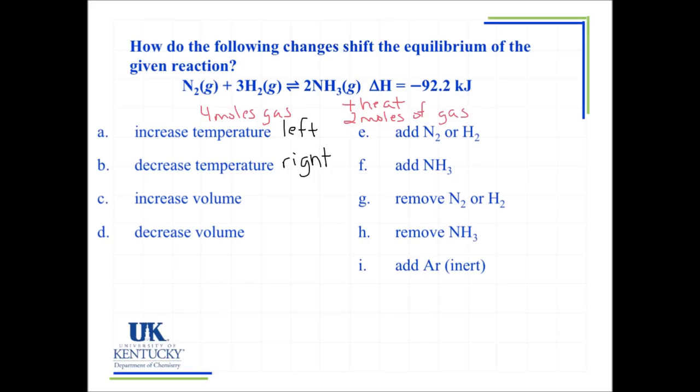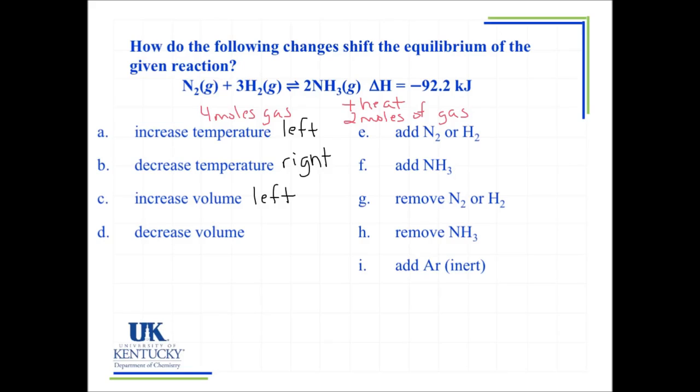If I increase the volume, the reaction is going to favor the side that has more moles of gas. Increasing the volume decreases the pressure, so to increase the moles of gas, I'm going to get a shift towards the left side.